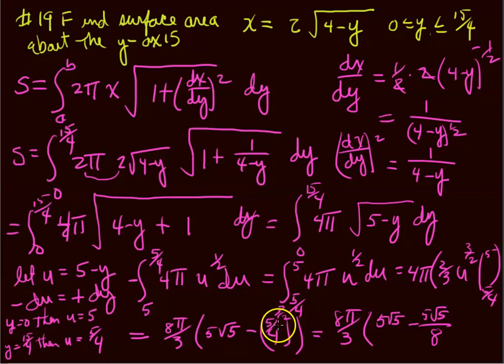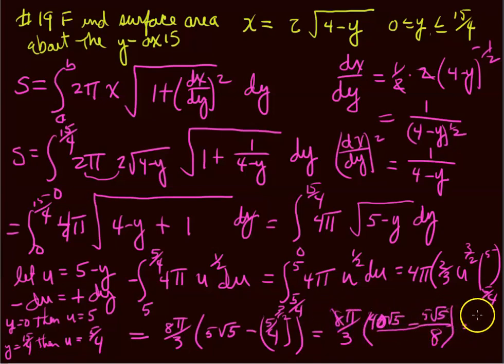Because the square root of 4 is 2 cubed. Oh my gosh. Barely fits. This is really 40 if I want to do this over 8. 40 square roots of 5 minus 5 square roots of 5 is really over 8. Oh, I'm sorry, these 8's cancel.